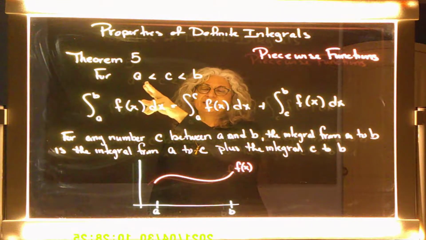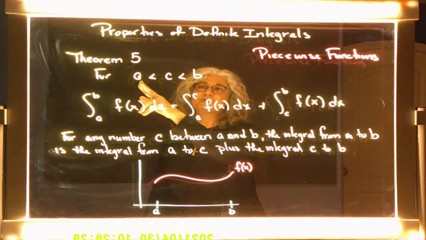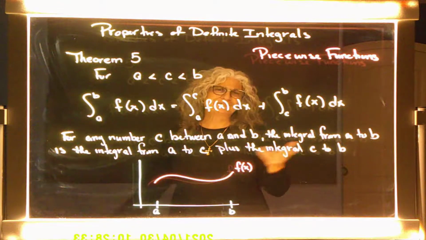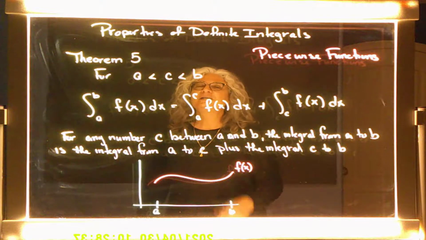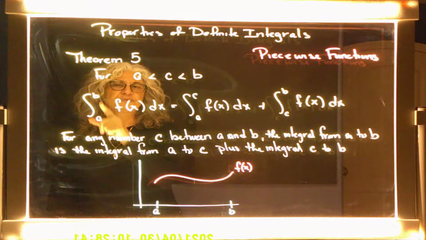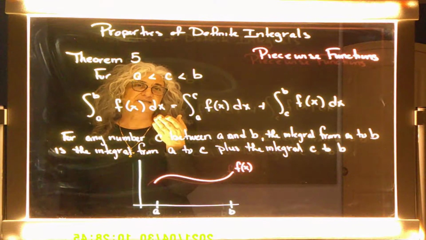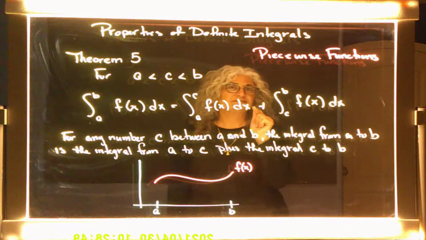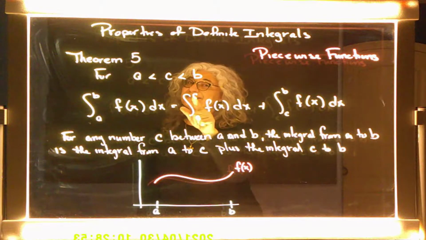For A, I'm just going to rephrase this. For C, some number C between A and B. Okay? Notice it's not equal to. If it's equal to, it's not really somewhere in between, is it? The antiderivative, or the integral from a to b of the function f of x with respect to x, can be rewritten as the integral from a to c.